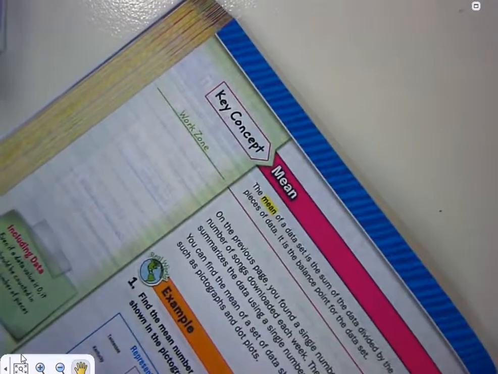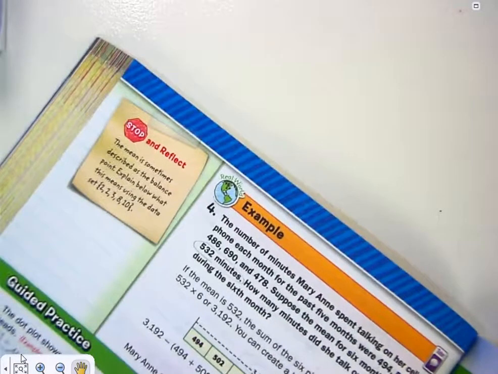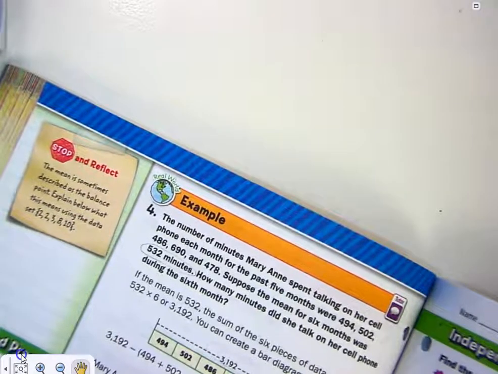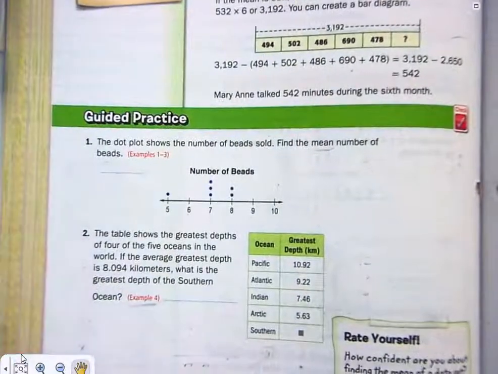All right, I want to talk about a couple in your math book. I want to do the guided practice in your math book before I let you start doing a little work independently. All right, page 716, number 1.